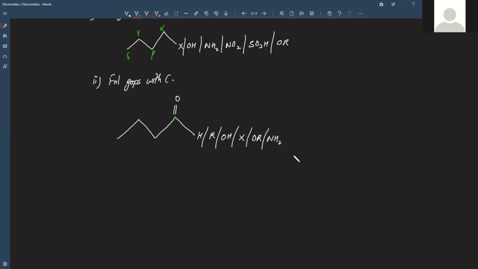And if you see the chain, here we started with X, right? The next to that X was alpha, but here the next is the same carbon which is part of the functional group. So that cannot be alpha. Alpha is this.